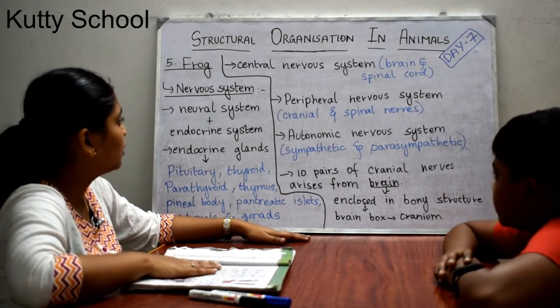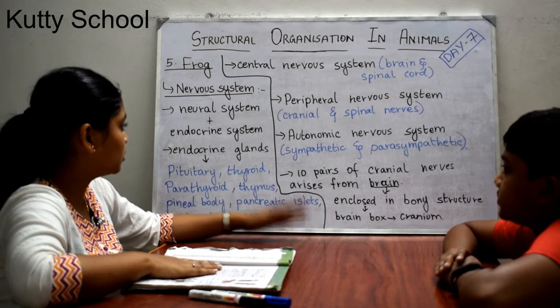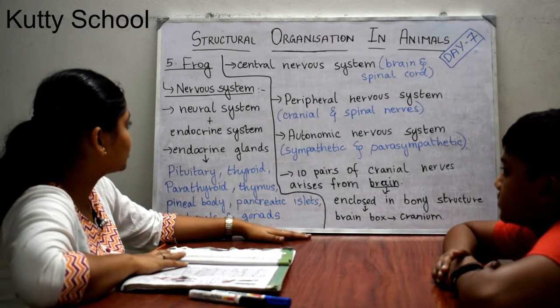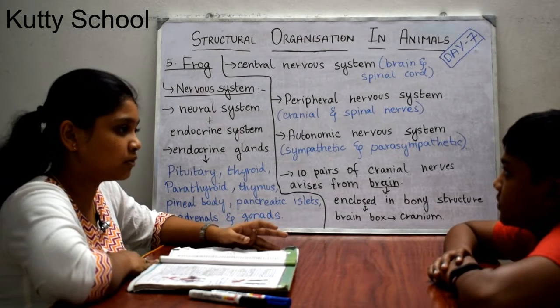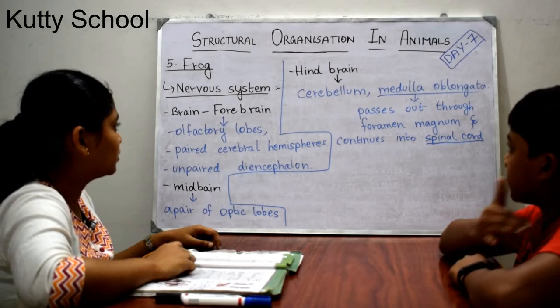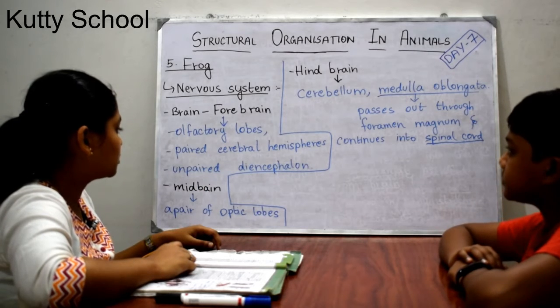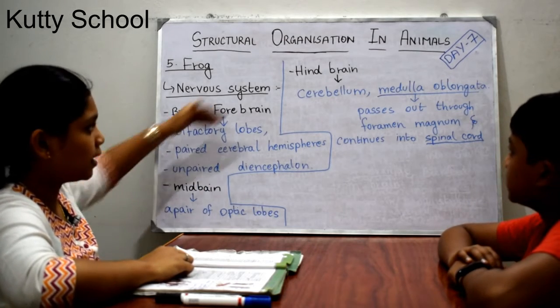So generally we have discussed the nervous system, and we'll discuss some more. In the nervous system, the brain is divided into forebrain, midbrain, and hindbrain.